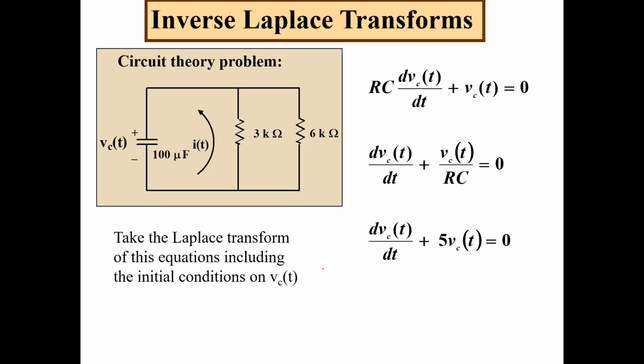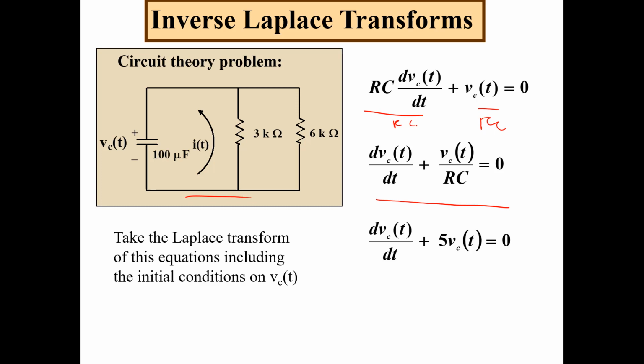And then after the switch is on, the battery isn't connected, so the circuit is like this one. So we can use Kirchhoff like this: RC dVc(t)/dt plus Vc(t) is equal to 0. We divide by RC, and we got this equation.